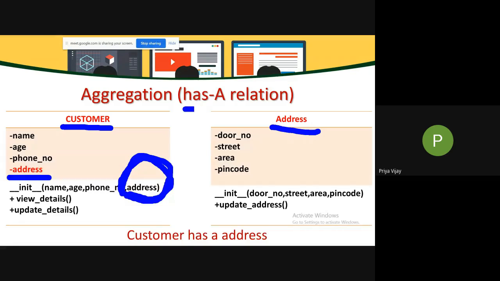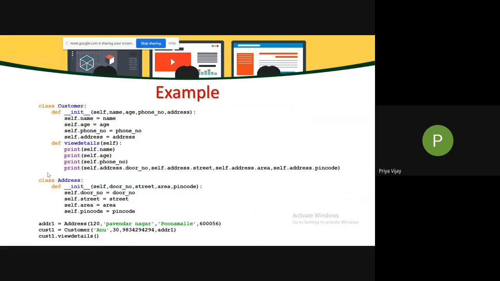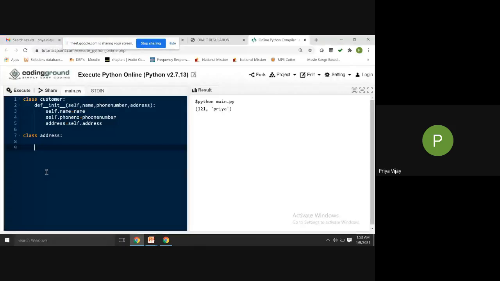This is your has-a relationship. I will give you an example. In address also I will have a constructor, and I have two variables, street and city.